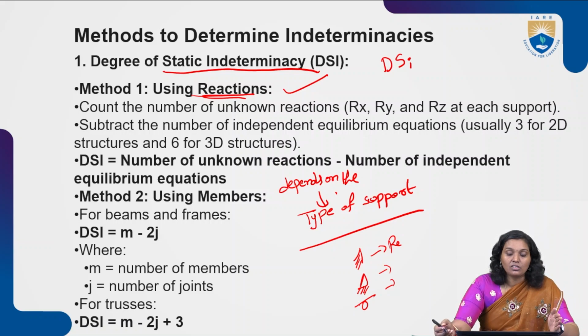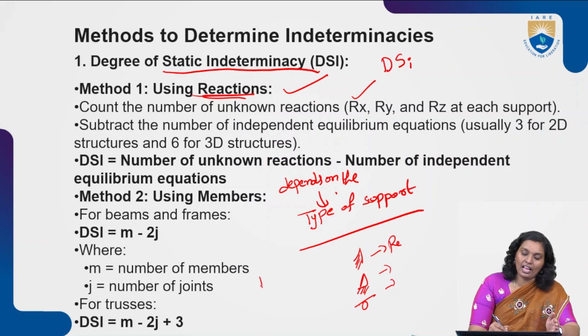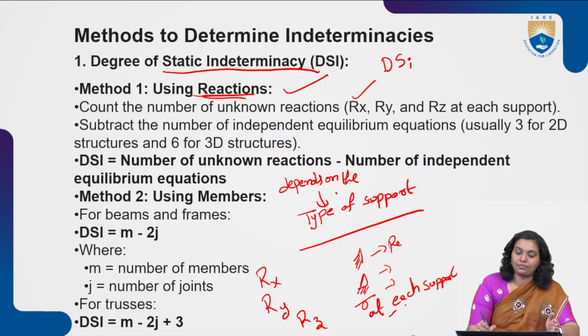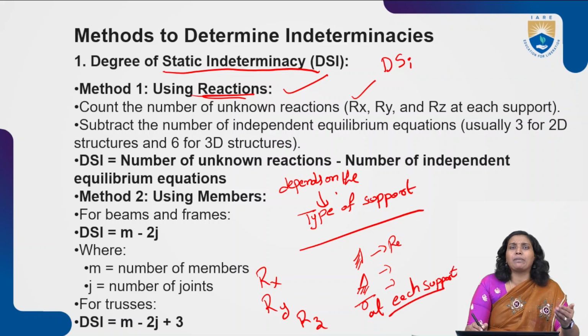The number of unknown reactions is found from the reaction along the x-axis, the reaction along the y-axis, and the reaction along the z-axis at each and every support. It depends on how many supports are there.